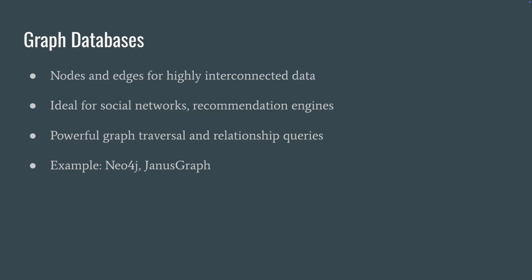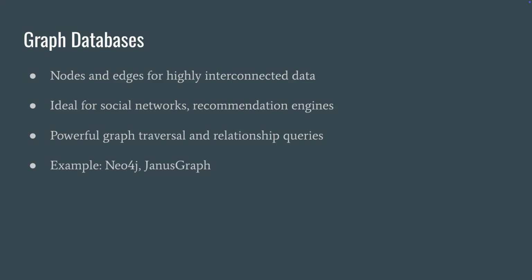Graph databases represent data as nodes, or you can think of nodes as entities, and edges as relationships. Each node can have properties such as key value pairs, and each edge can also have properties, defining the nature of the relationship between nodes.